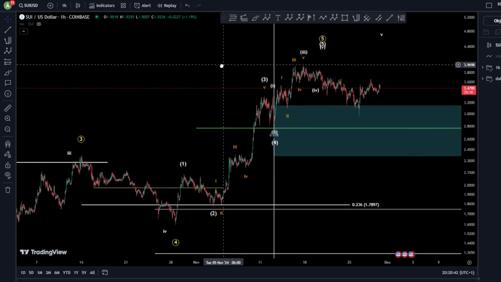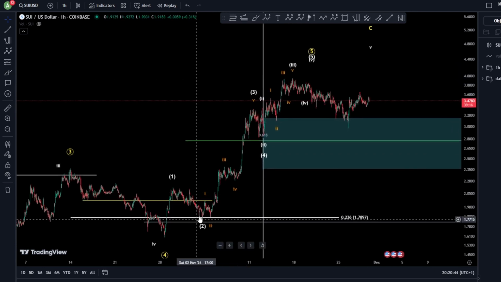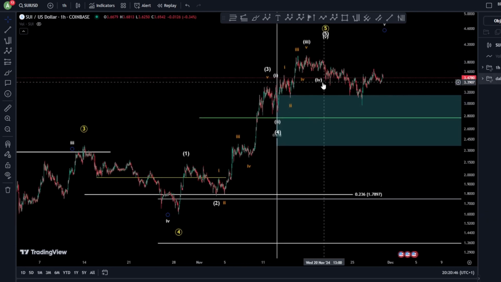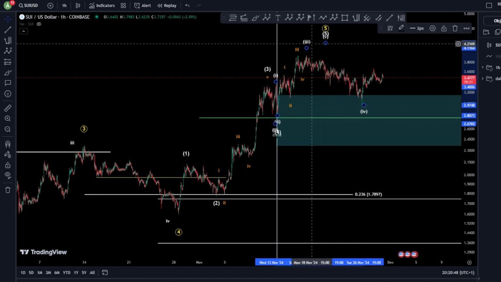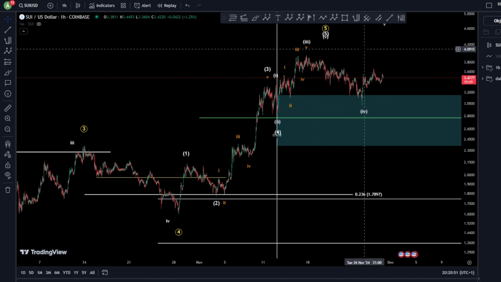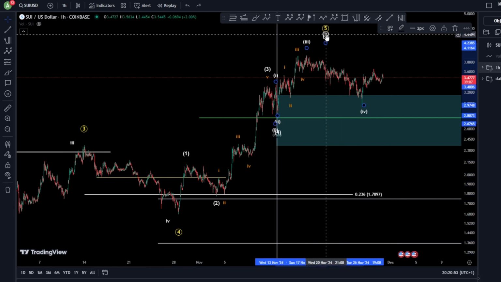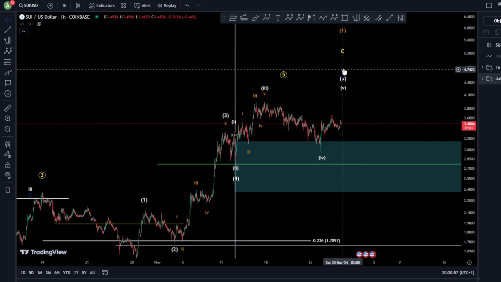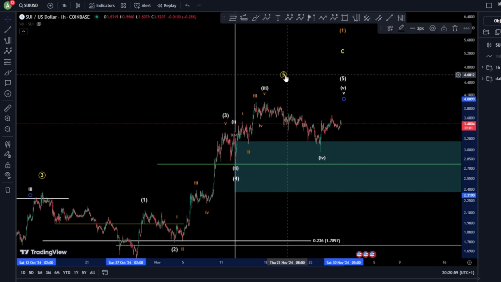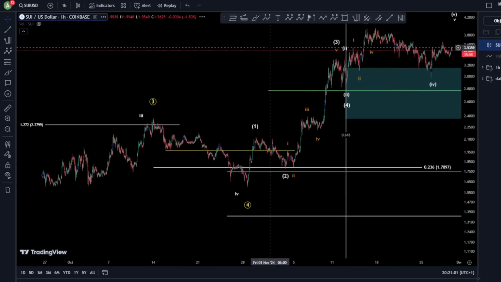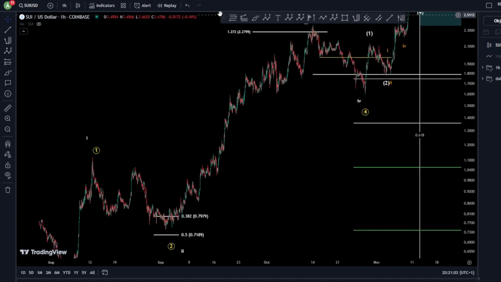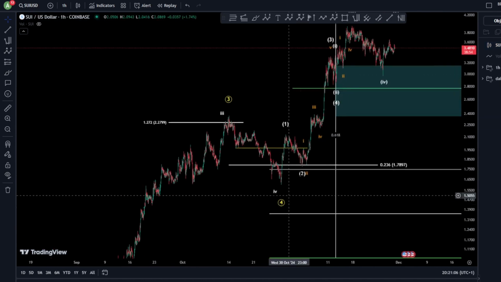However, because on the daily we saw that we might still have a bigger wave 4, I think this is a scenario where we are still looking for a wave 5 here to finish, and to finish this wave 5 in the yellow scenario as well.